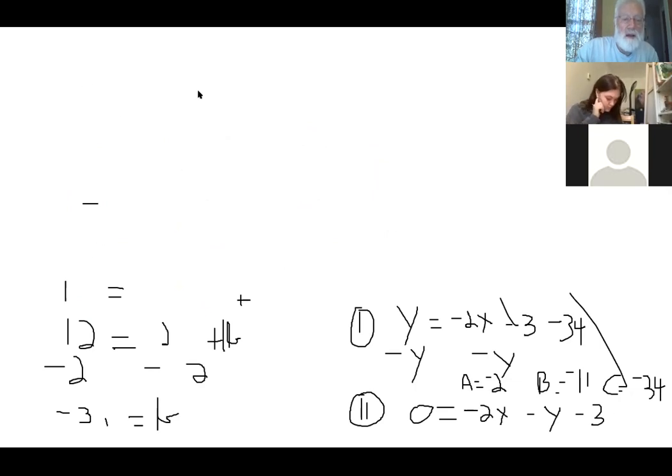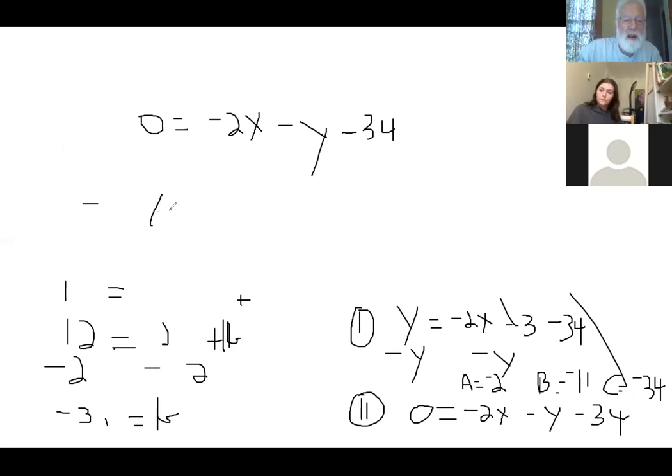This is what we decided: 0 equals -2x minus y minus 34. I erased that by mistake. Okay, would this be a correct answer too?